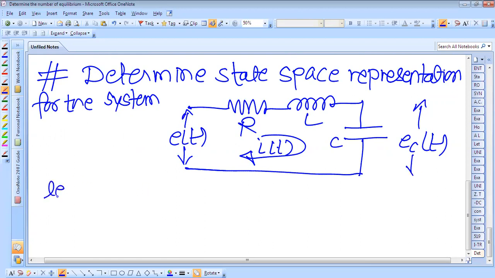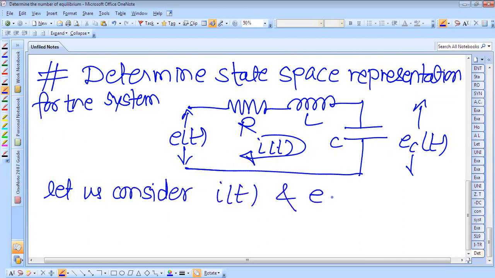So let us consider i(t) and Vc(t) as the state variables.